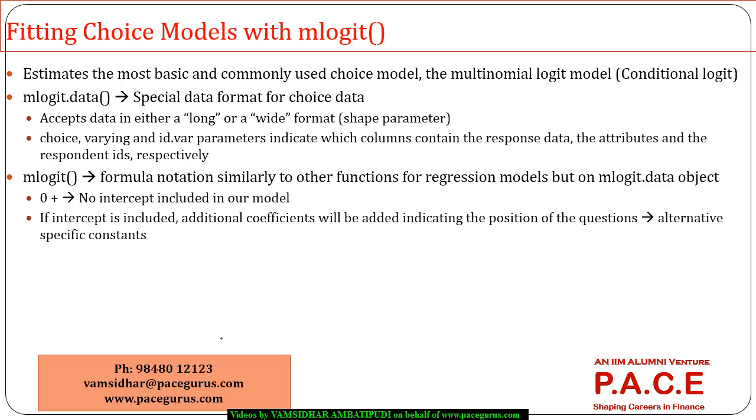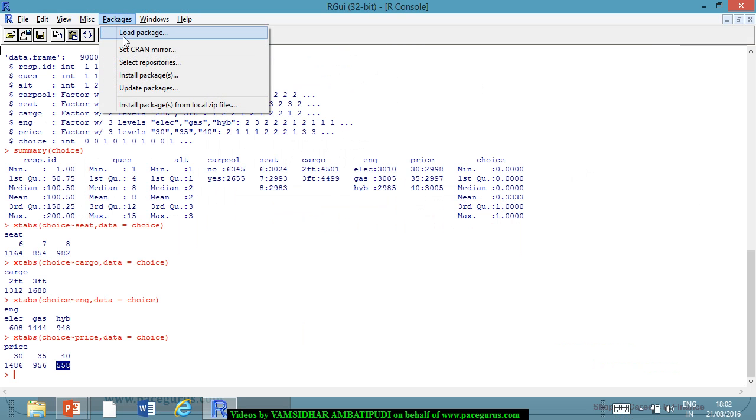Then once you have this information, we are going more towards the fitment of the model. So when I am using mlogit, this is coming from the mlogit package itself. So I need to install the package.